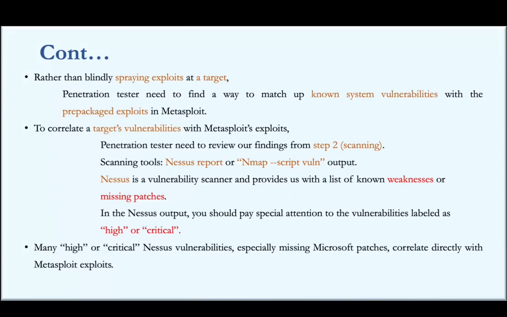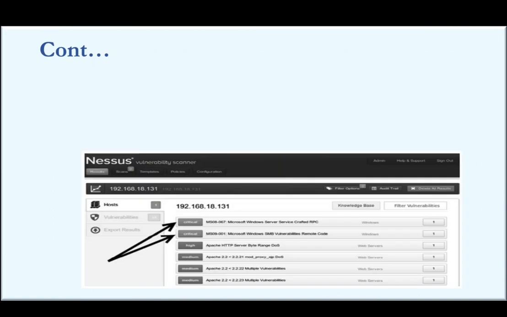We will give a separate video demonstrating this Metasploit, but to understand the basic concept, just assume that during the penetration testing, we identified the target machine, 192.168.18.131, as our target machine IP address. Then we use the Nessus tool for finding the vulnerabilities on this target machine.